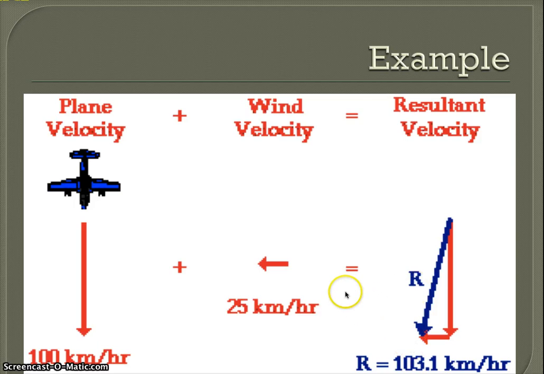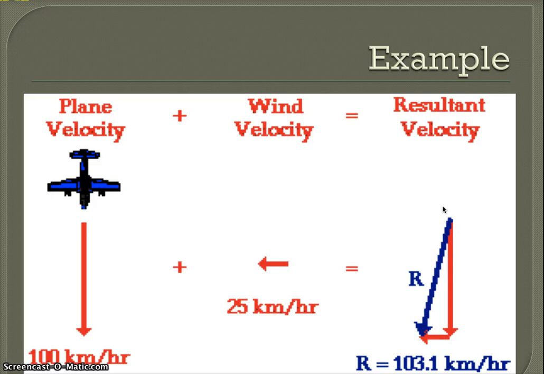As a result of the airplane flying due south at 100 kilometers per hour relative to the air, and the wind blowing 25 kilometers per hour relative to the ground towards the west, your airplane will be flying at 103.1 kilometers per hour, represented by the blue line here.